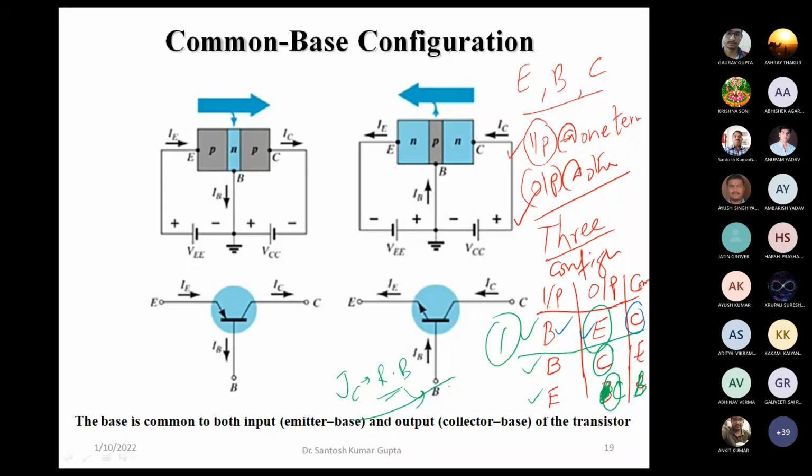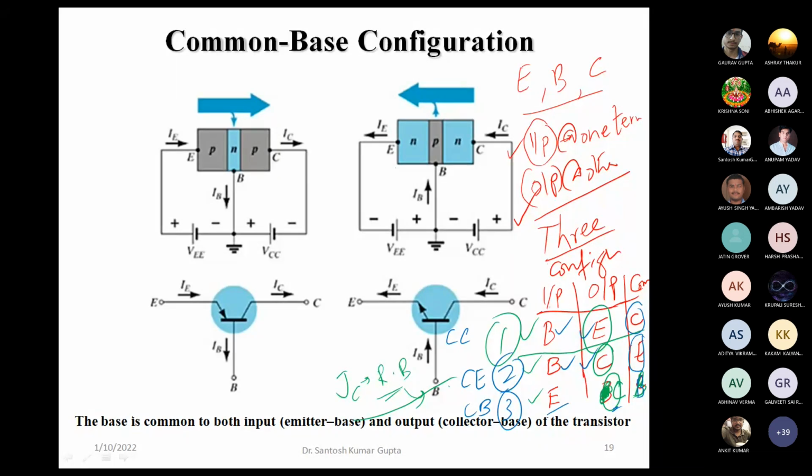For common emitter, we use base as input and collector as output. For common base, we give input at emitter and take the output at collector. First is common collector, then common emitter and common base.